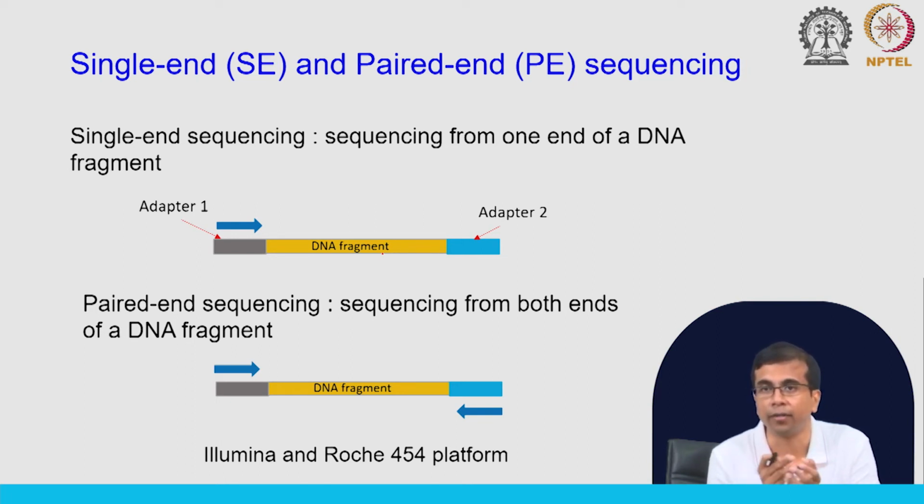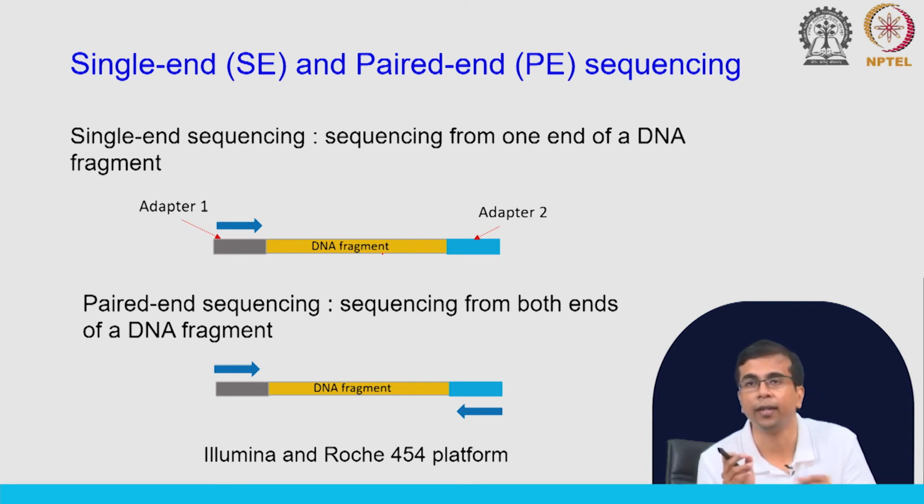So, this is how paired end sequencing will happen: you will sequence from both ends of the same DNA fragment, one after the other. And this actually is very useful in many cases. As we go along, we will see why we sometimes prefer to do paired end sequencing.